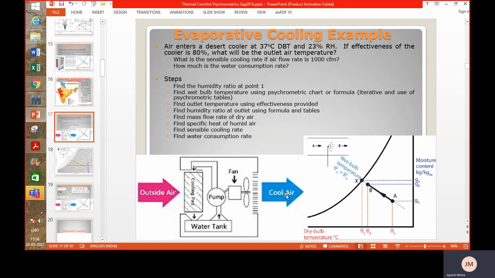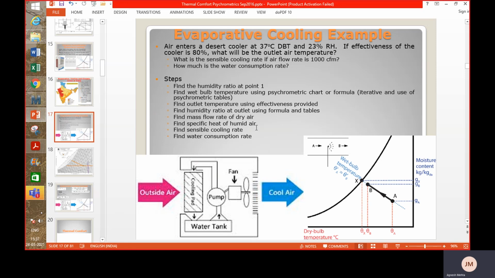Find the outlet temperature using the effectiveness provided, right? So that's the outlet temperature, and only if you get the outlet temperature, you can get the sensible cooling rate. Then find the humidity ratio at outlet using formula and tables. So you're interested in the humidity ratio at 2 or B also, and then the mass flow rate of dry air is to be found.